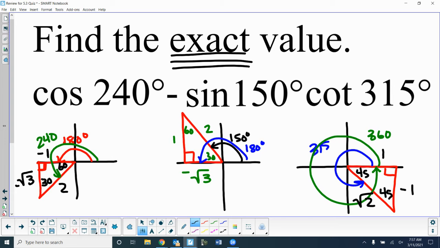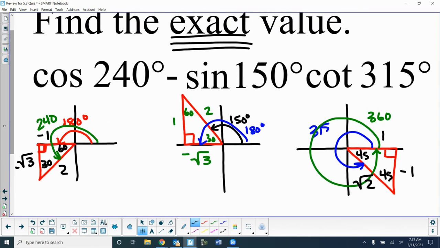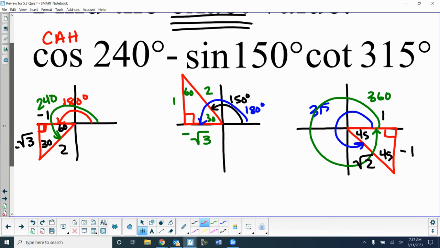Any other questions? Now I'm just going to do SOHCAHTOA with cosine, sine, and cotangent. I'm going to find those fractions. So cosine, remember, is adjacent over hypotenuse. Remember, our reference angle is always back by the origin. That's our point of reference.